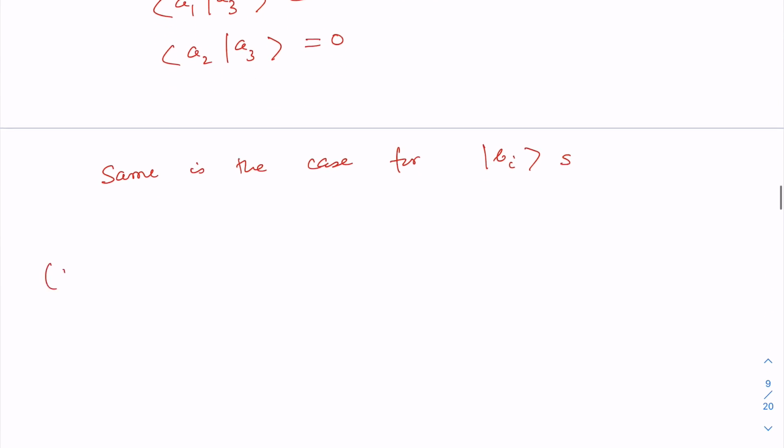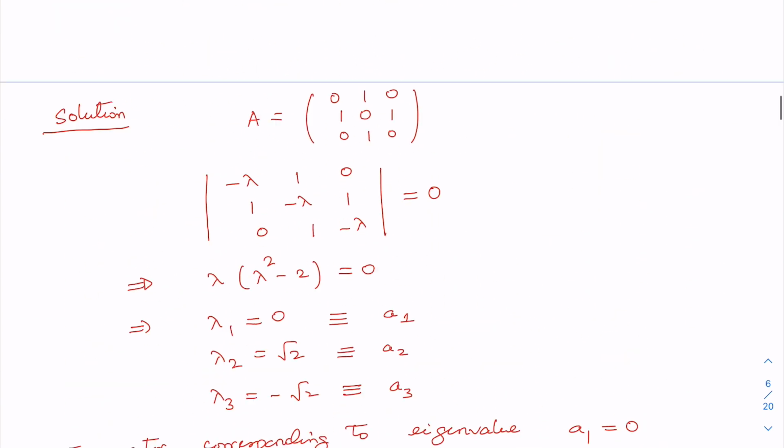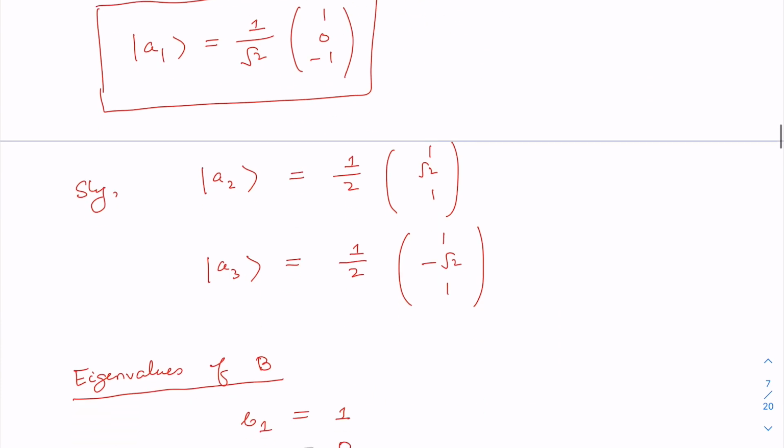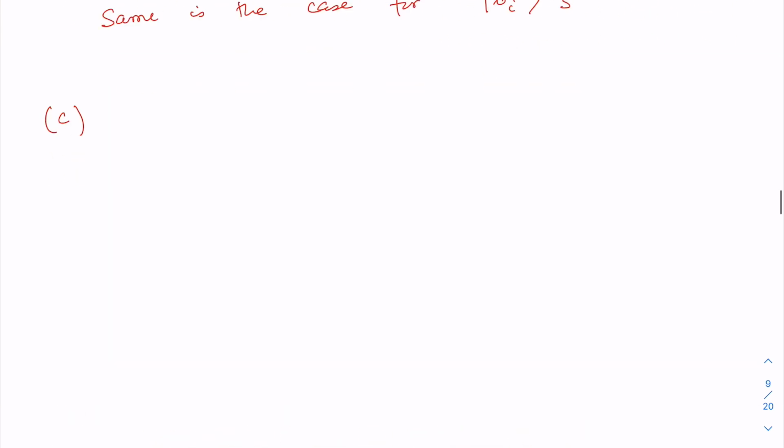Now finally, in the third part of the problem, you are asked to find the matrix U of transformation from the basis A to B. Okay, let us do that. Let me just remind you how we can write it: you are going from the basis A to B, and let me just take one component, say Ai.